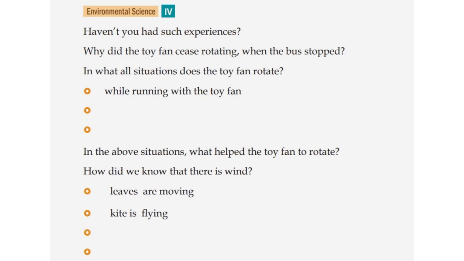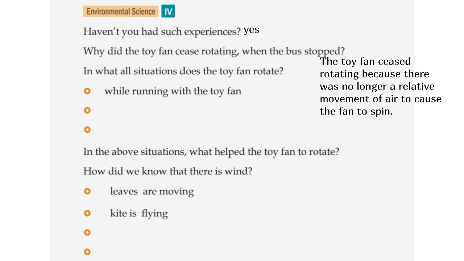Haven't you had such experiences? Yes. Why did the toy fan cease rotating when the bus stopped? The toy fan ceased rotating because there was no longer a relative movement of air to cause the fan to spin. In what all situations does the toy fan rotate?